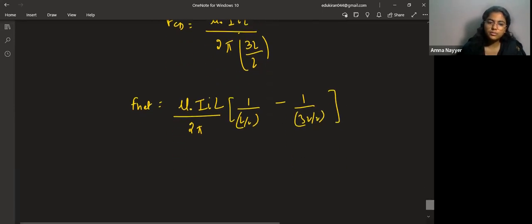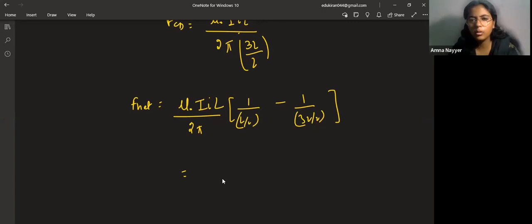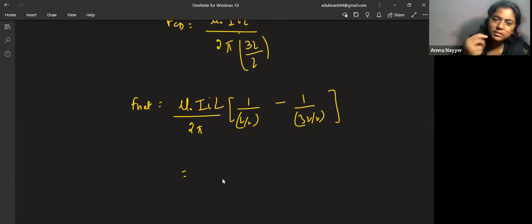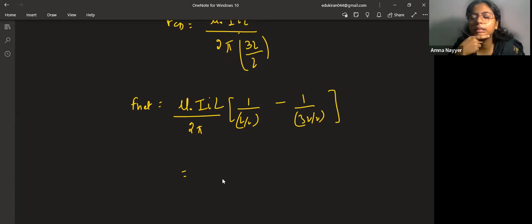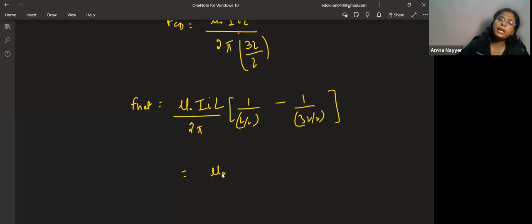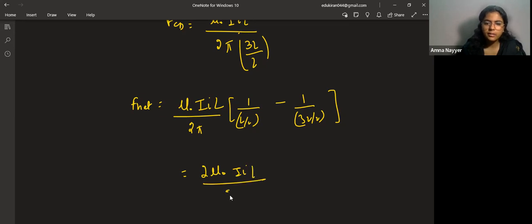So 3L by 2 goes up, L by 2 the other way, the 2s get cancelled, and 3L minus L gives 2. So what is left is mu naught I small I L divided by 3 pi.